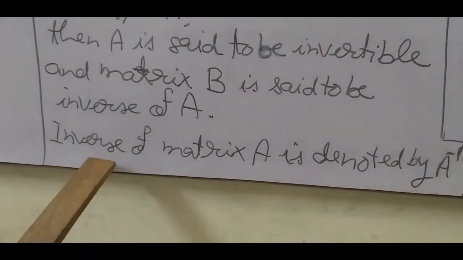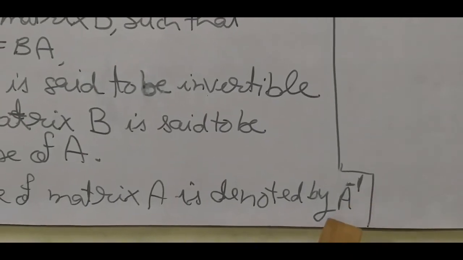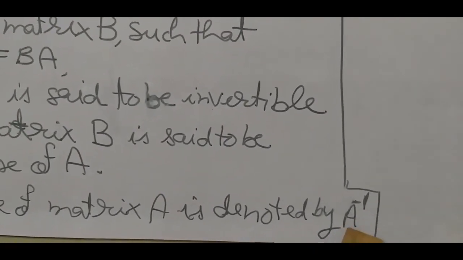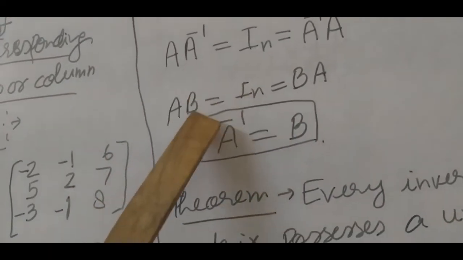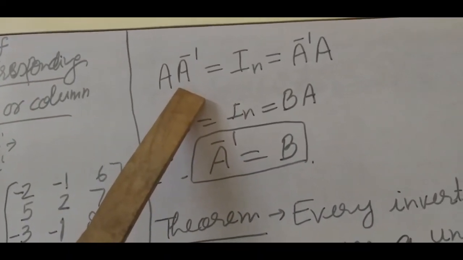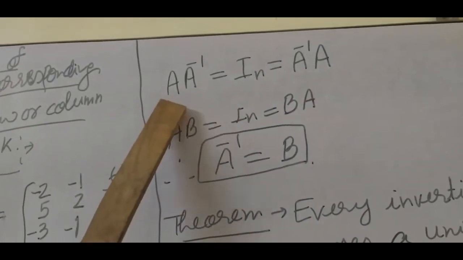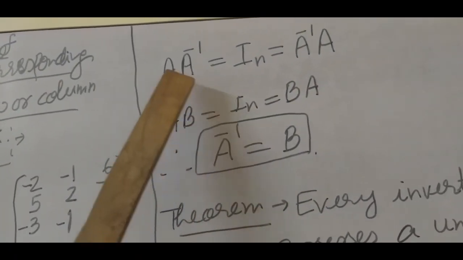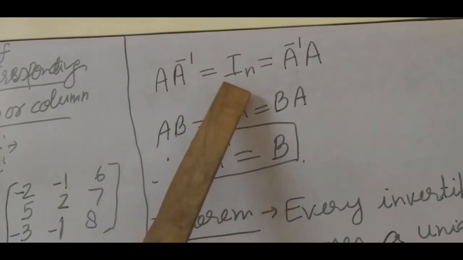Okay, the inverse of matrix A is denoted by A to the power -1. This is the sign of inverse. So it is A inverse, students. A into A inverse, at the place of B I have written A inverse, because B is the inverse of A, equals In equals A inverse A. So always remember, the product of a matrix with its inverse is always the identity matrix.